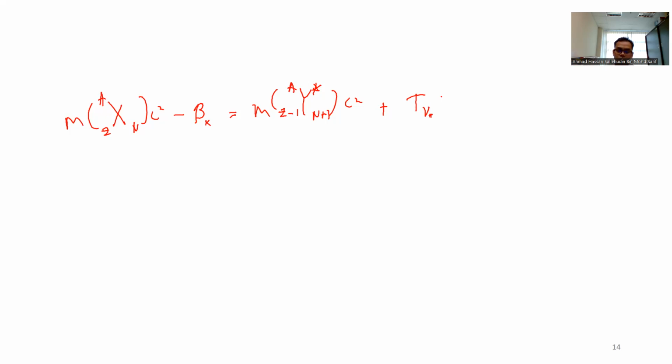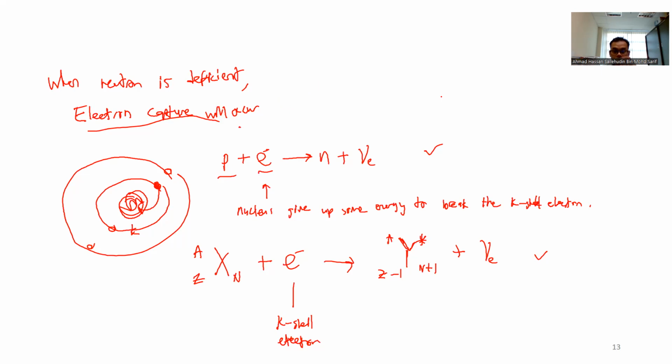So here, there's no charge issue. The charge is already balanced, because this nucleus lost an electron and a proton at the same time.